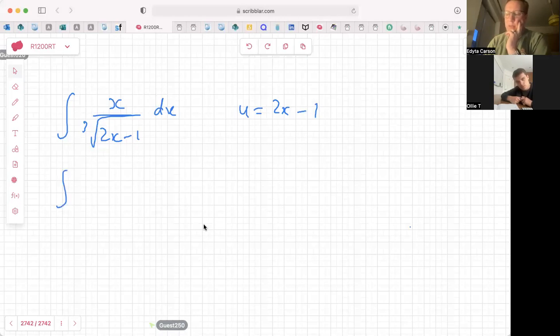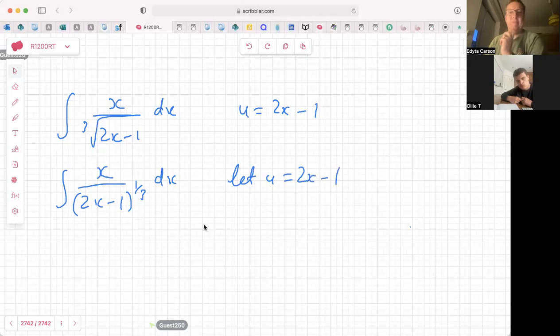So we could express it as x over (2x minus 1) to the 1/3 dx. We're going to let u equal 2x minus 1. So what's our next step? Well, it would be the integral of x over u to the power of the third. And then we'd need to change dx to du.